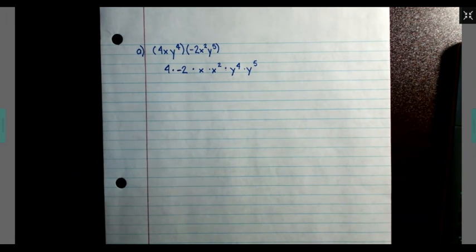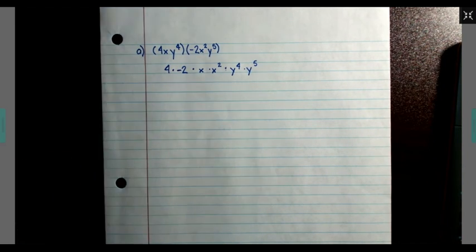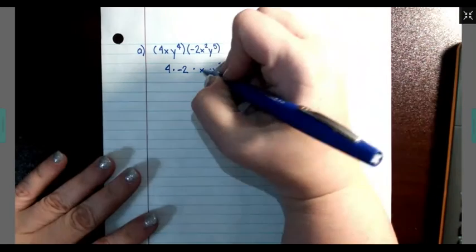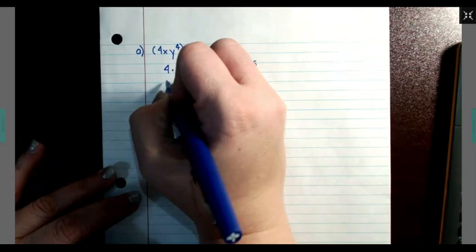Now, first off, I see an x, but I see no exponent. That is not a 0. If there is no exponent there, there's only one x. So we could note it with an imaginary 1, okay? So we're going to put our 1 as our exponent here.